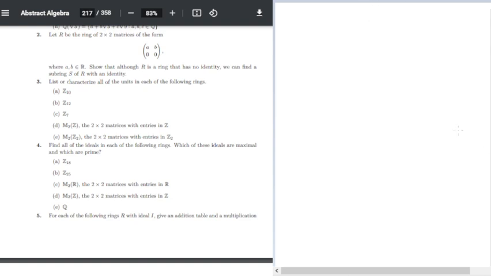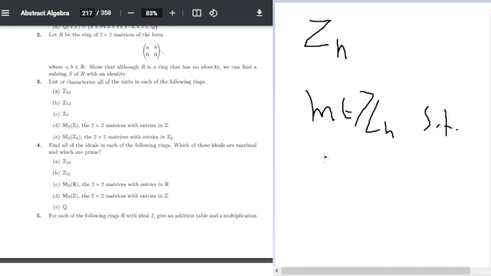So the units in Z mod n are going to be the set of all m in Z mod n such that the greatest common divisor of m and n is equal to 1.